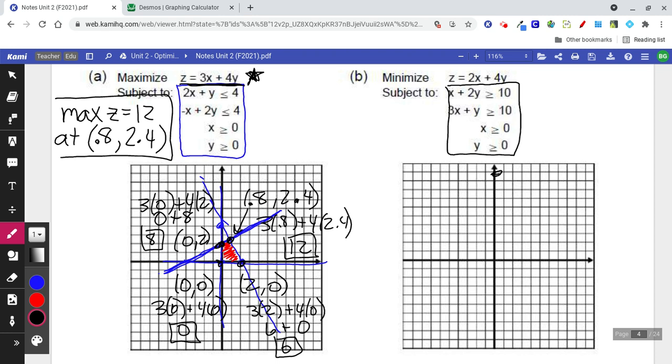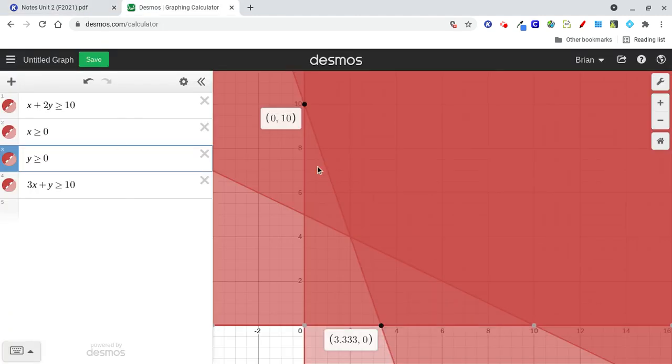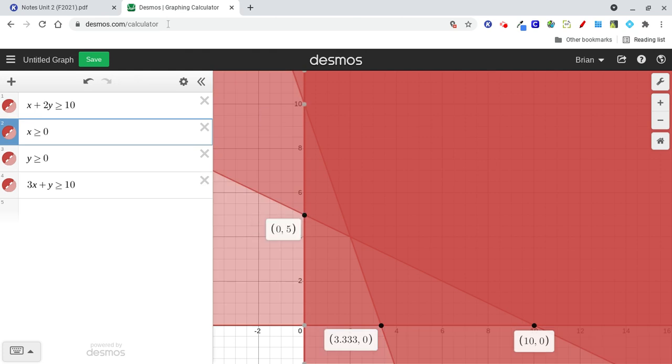Ten on the y, whoops, 3 1/3 on the x. That's so hard. Okay. And the other line goes 10 on the x to 5 on the y.